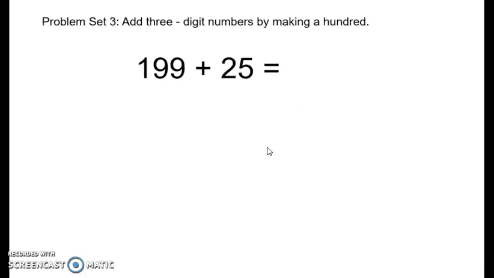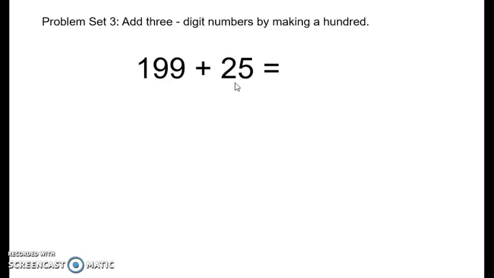Let's take a look at another number. This one is a little bit more complicated. Here we have 199 plus 25. So I'm going to take a look at my bigger number. And I'm going to ask myself, what does this number need to make 100? Well, 199 needs one more to make 200.